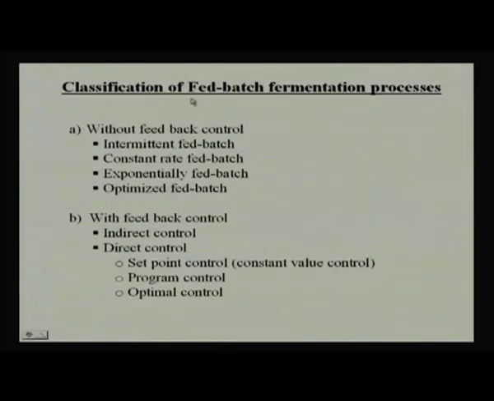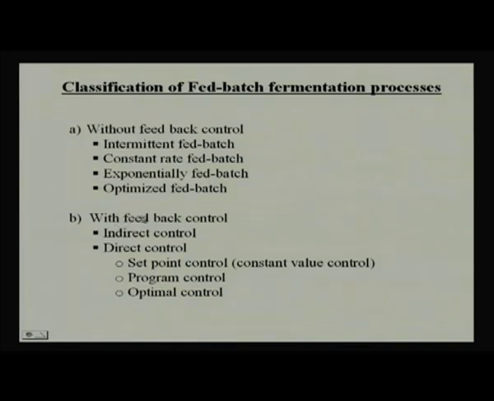Coming to the fed batch fermentation process, it is also without feedback control and with feedback control. When we are going for feedback control, we can see that it is intermittent fed batch, constant rate fed batch, exponentially fed batch and optimized fed batch.